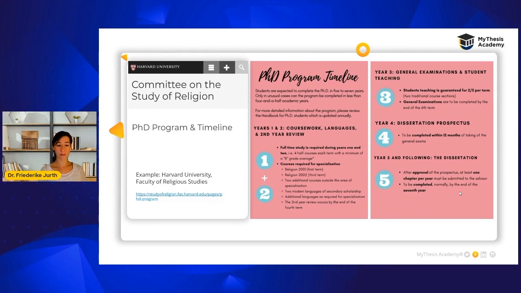So here they put it like, as we have the example of religious studies, you have religion 2001 and religion 2002, like the first term and the second term, as an example, and 2 additional courses outside your area of specialization.